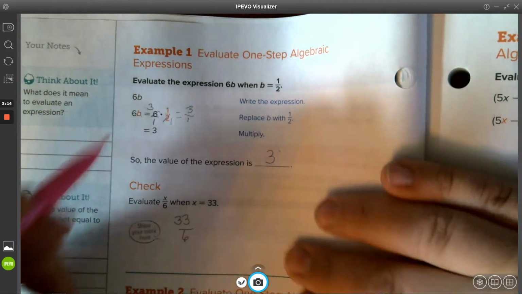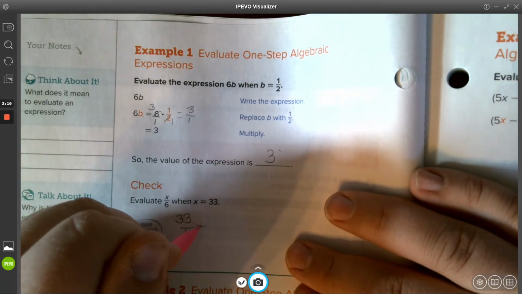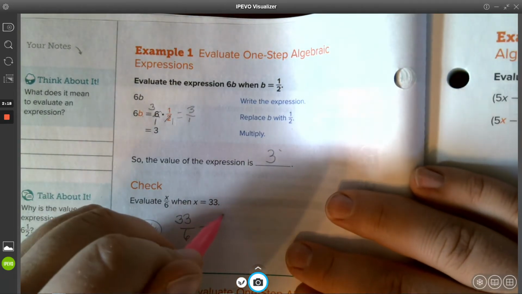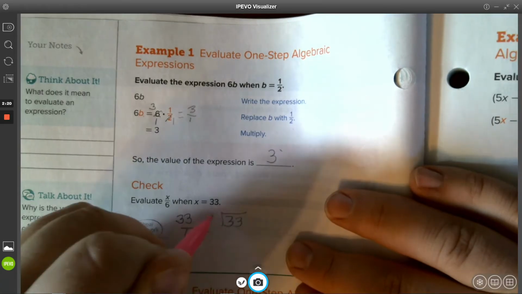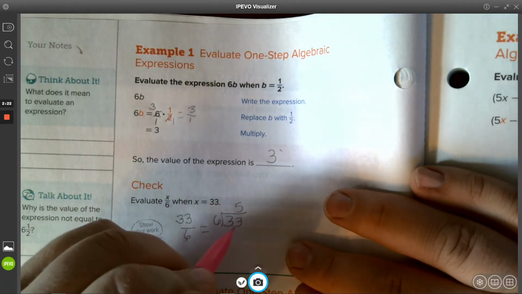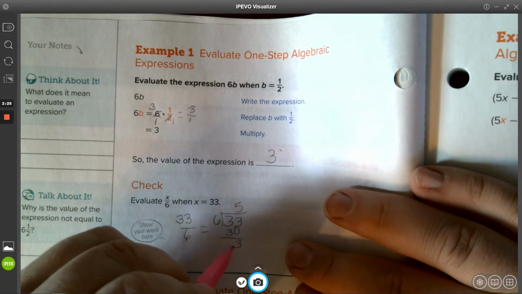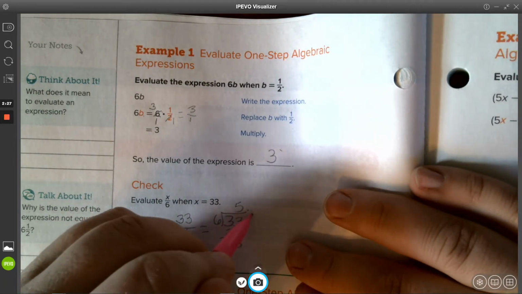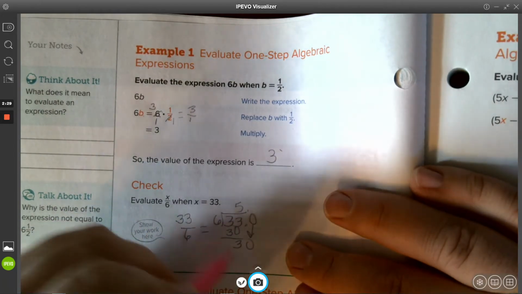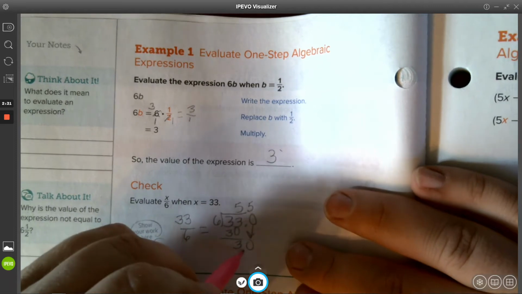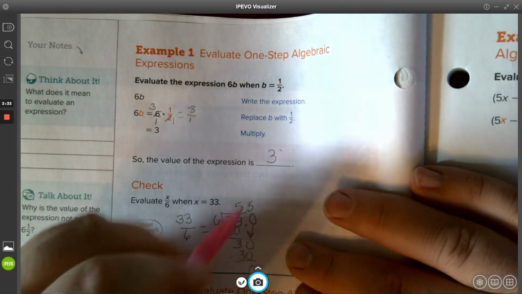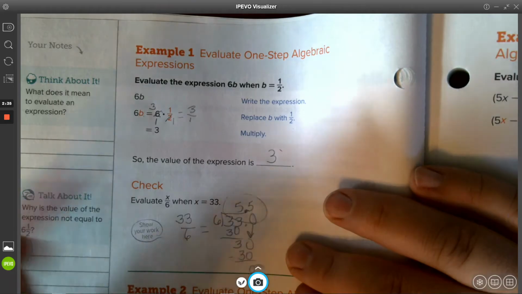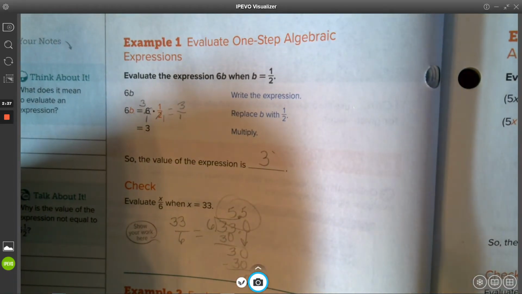So if we have this problem here, we're going to do 33 divided by 6. 6 goes into 33 5 times. We're left with 3. We can add a decimal. 6 goes into 30 5 times. We subtract. So our answer here would be 5.5.